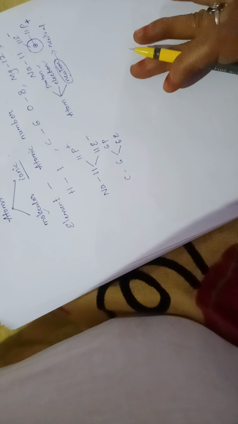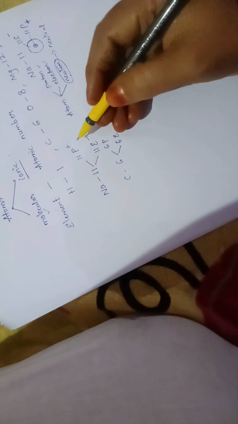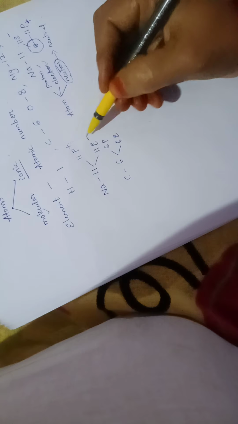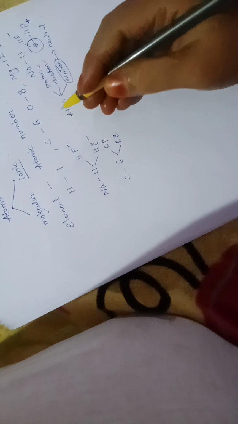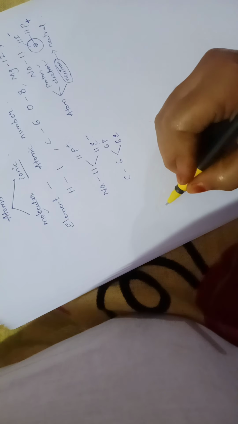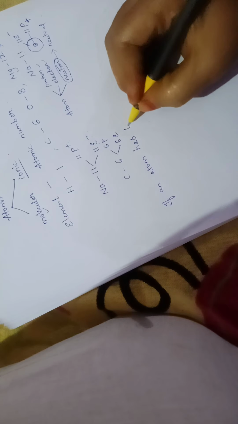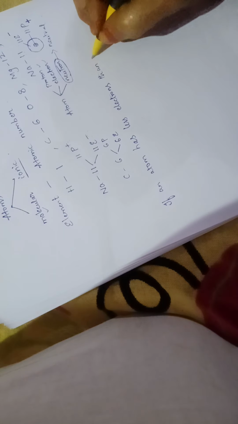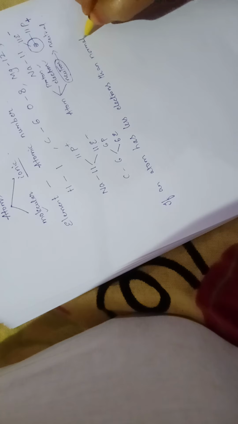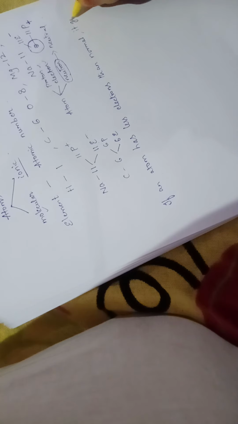Then come to ion. Actually, what is ion? Now we are saying that sodium has 11 protons and 11 electrons. In some cases, if an atom has less electrons than normal, which charge does it get?